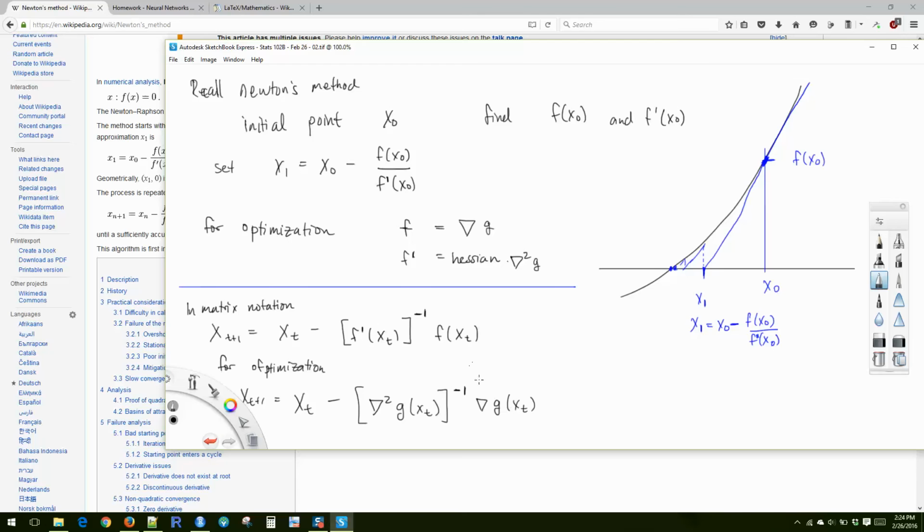So the calculation of the Hessian could be what we call computationally expensive.